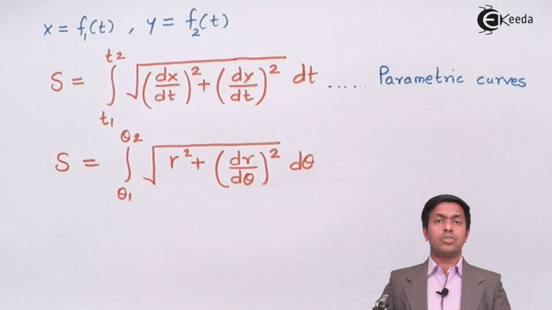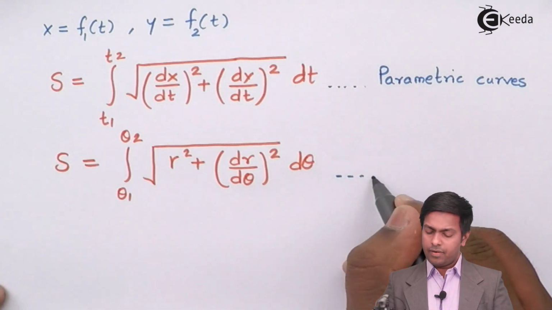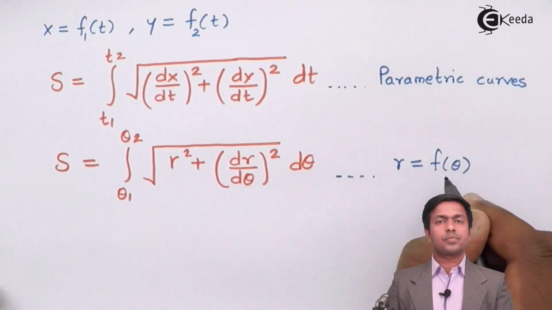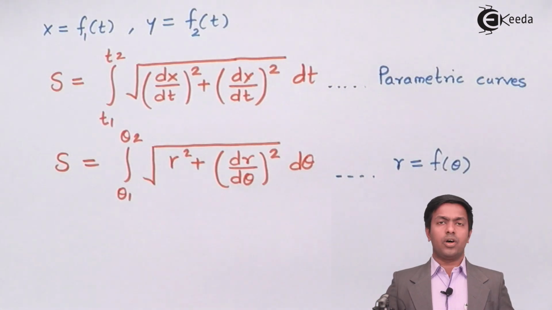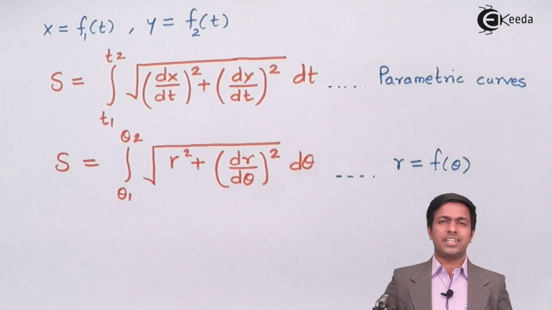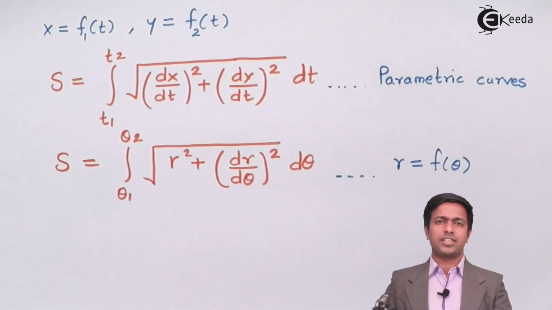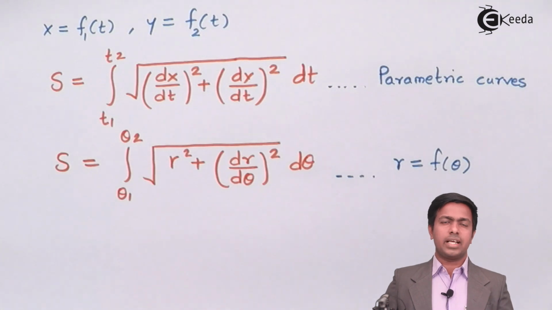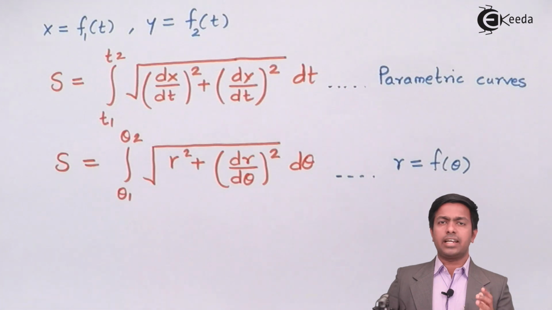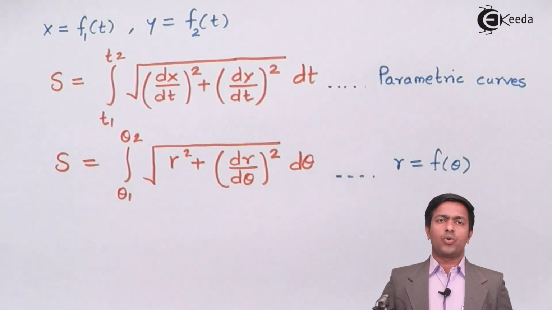So guys, we'll use this formula if r is given as a function of theta. We have a few curves like r equal to a into 1 plus cos theta, or r equal to a into 1 minus cos theta, which we also call a cardioid. That curve is a polar curve where r is given in terms of theta. So to find the length of a cardioid, we will be using this formula.